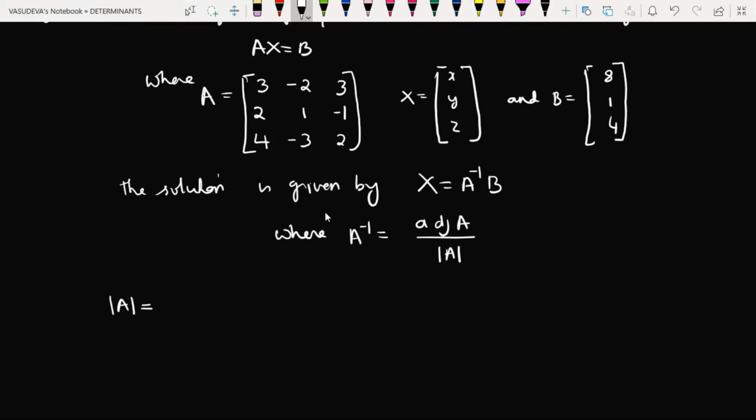If it is non-singular, the inverse of the matrix exists, then we can find A inverse.